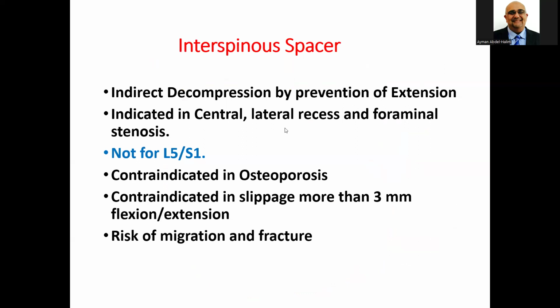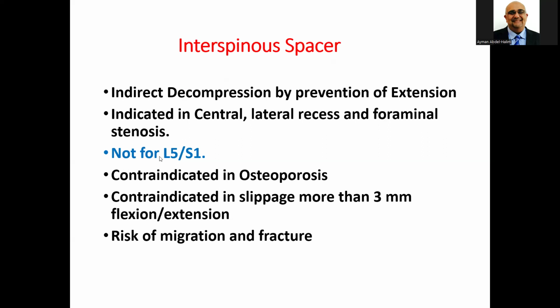So there are two procedures for intervention they can do for spinal stenosis. One of them is called the interspinous spacer. Basically, this is an indirect decompression by prevention of extension. Remember, patients with spinal stenosis tend to flex forward, so they actually open up the canal.